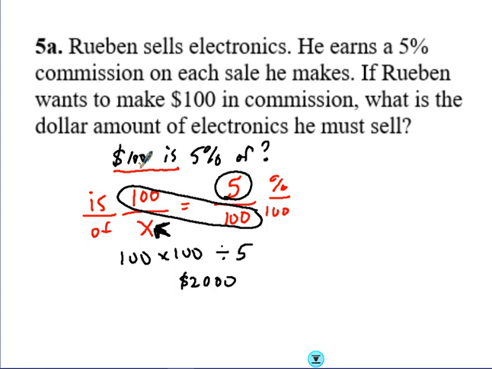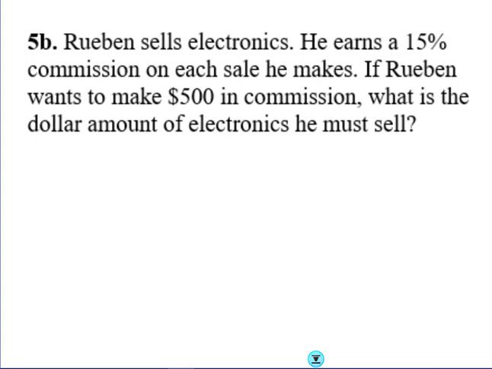All right, so let's try it again. This time Ruben wants to make a $500 commission, but he's going to earn 15% this time. So we want to identify how much he's going to have to sell in order to make that $500 commission.